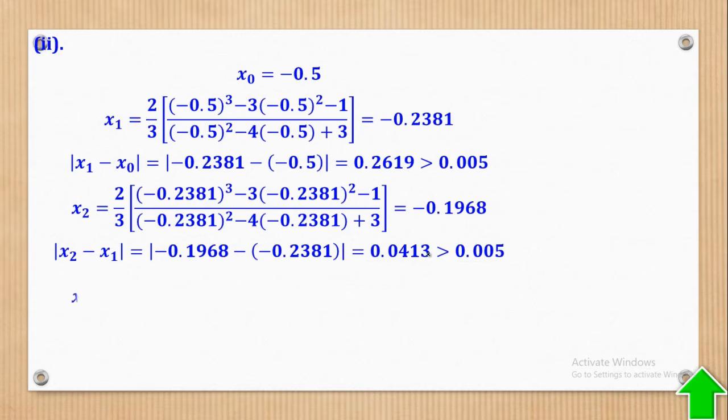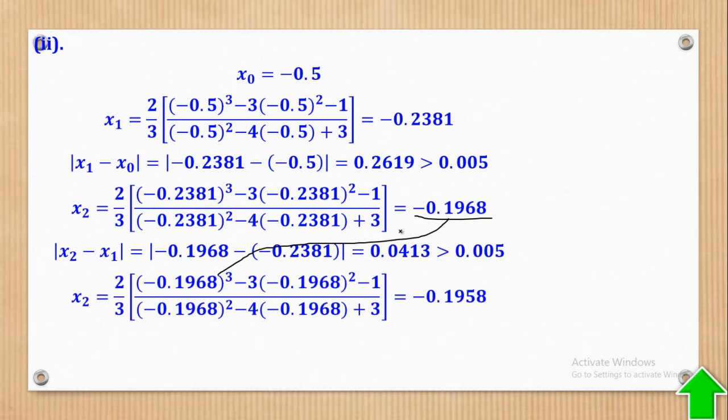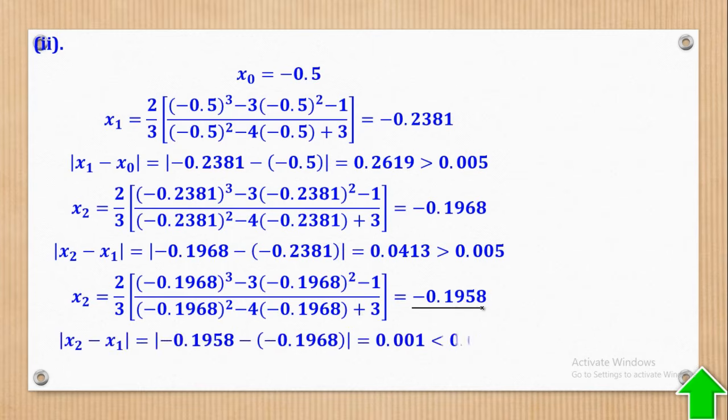So I'll come and get x3. So to get x3, I use the value of x2 where there is x. And when I do that, I'll come up with negative 0.1958. Then after that, I'll compare the difference with the tolerance. Now this time round, the difference is 0.001 and the tolerance is 0.005. So this time round, the difference between two successive iterations is less than the tolerance.